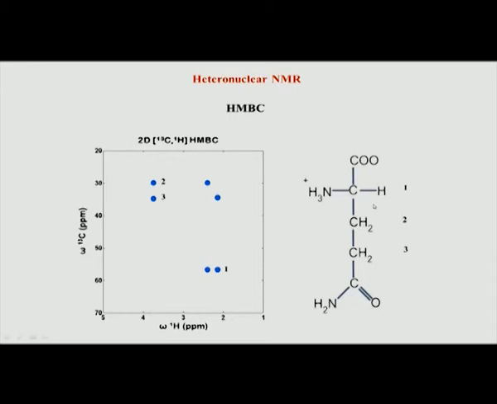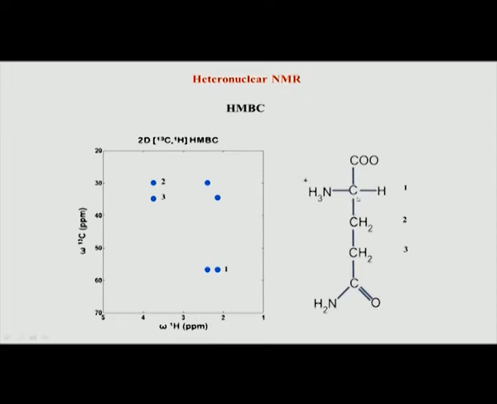You will see that this proton is coupled to this carbon by one bond, but as I said it can also have a further remote coupling to another carbon which is 2 bonds away. That will be smaller; compared to the one-bond coupling, typically 140 hertz, this will be much less, about 10 or even less.